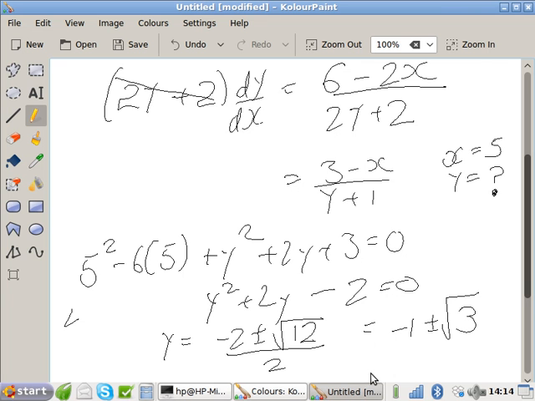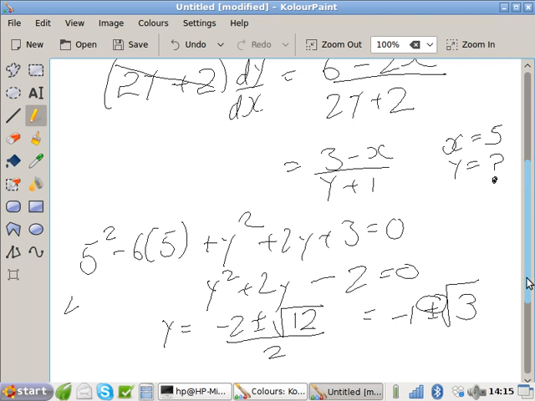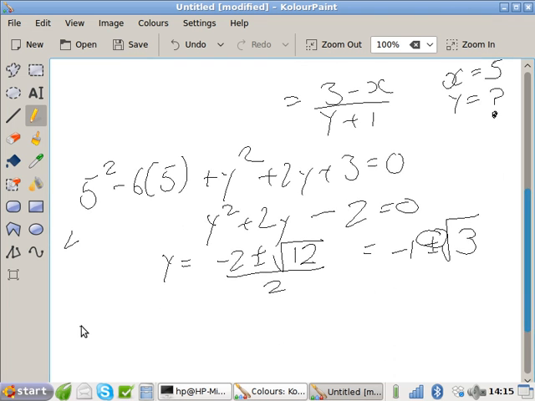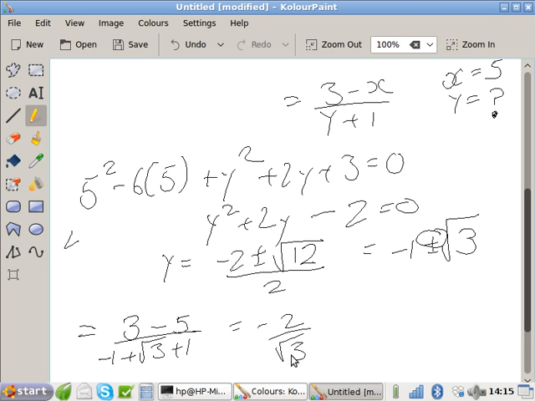Now, I tell you that y is between minus 1 and 1, so we must take the positive. So this equals (3 minus x) over (minus 1 plus root 3 plus 1), which is minus 2 over root 3.